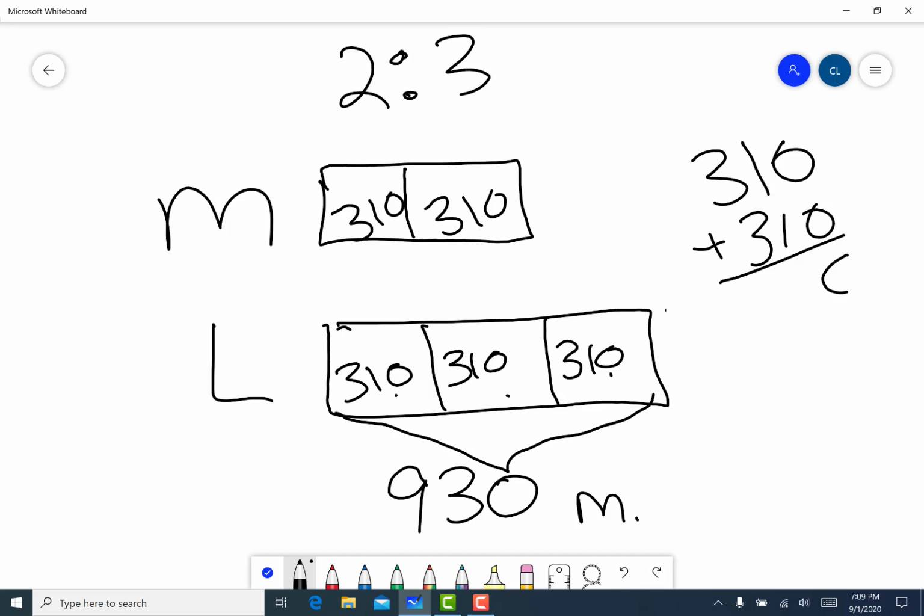All right, 0 plus 0 is 0, 1 plus 1 is 2, 3 plus 3 is 6. So Lainey ran 930 meters and Mason ran 620 meters.